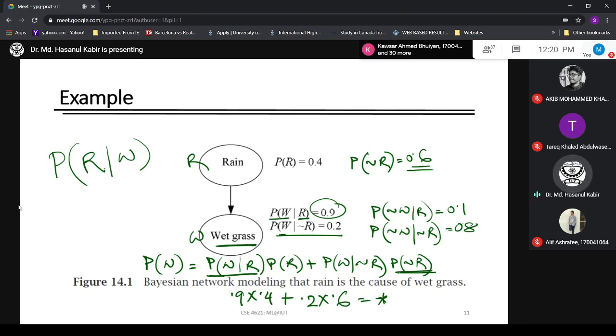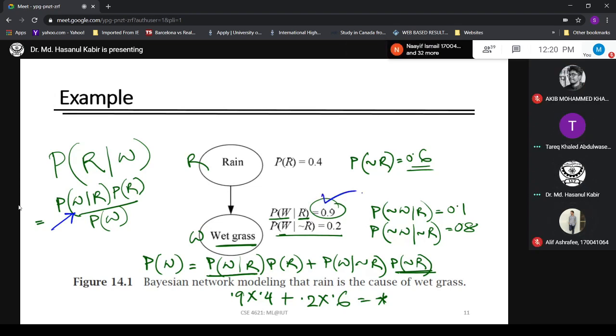Since we have got all the values in our hand, according to the Bayes formula, this is going to be the probability of the grass being wet given rain, times the probability of rain, divided by the probability of the grass being wet. Yes or no? So do you have this term? You have it over here, right?